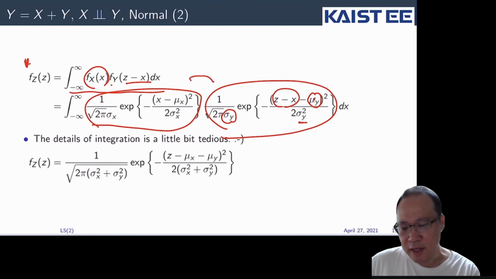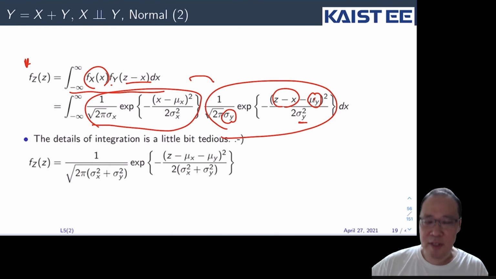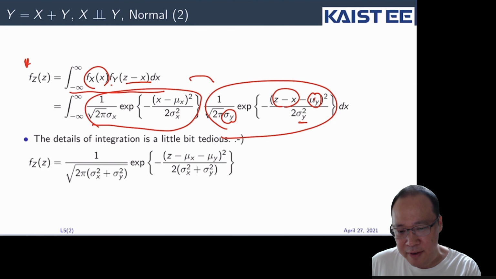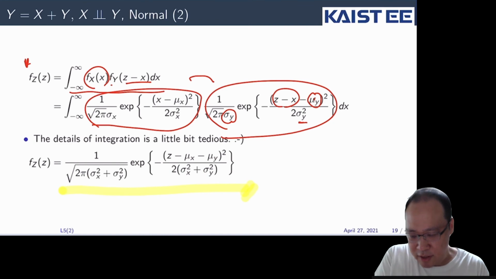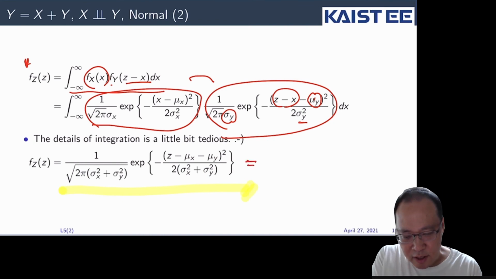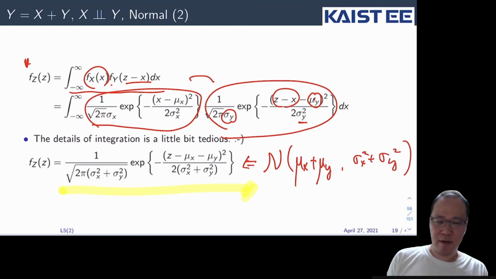Do the multiplication and do the integration. The details of the integration are a little bit tedious, so if you have time, please do that, and you end up with this. This is just mathematical algebra, so I'm not going into the details, and it turns out that this is a normal with expectation mu_X plus mu_Y, and variance sigma_X squared plus sigma_Y squared. Okay.